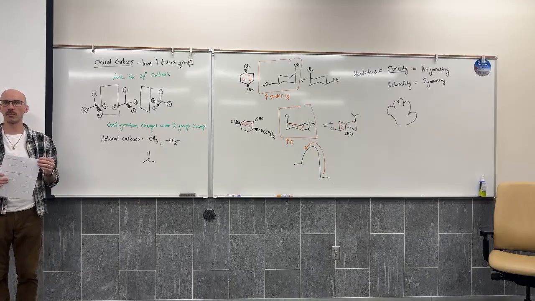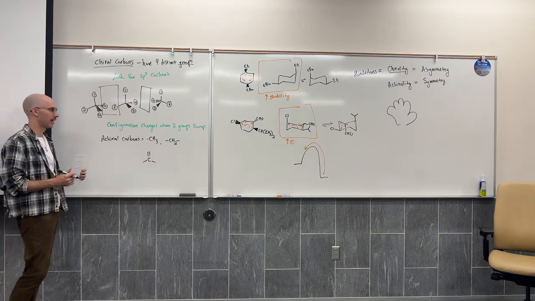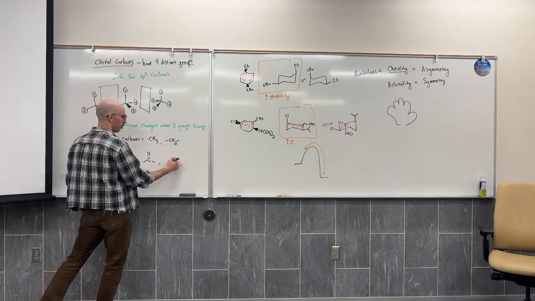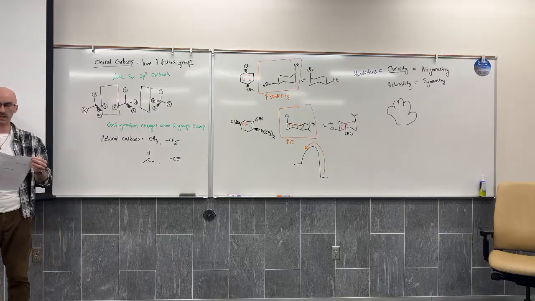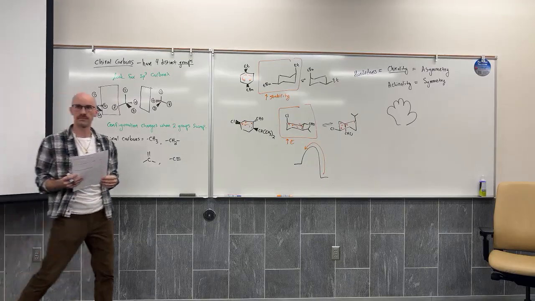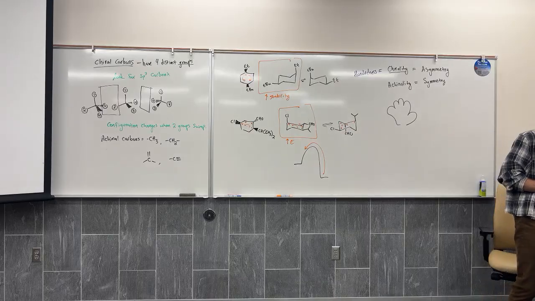Carbon in a double bond, always achiral. Carbon in a triple bond, always achiral. You'll never have to look at those and decide, are they chiral or are they achiral?